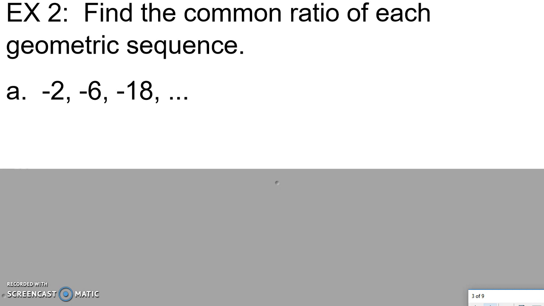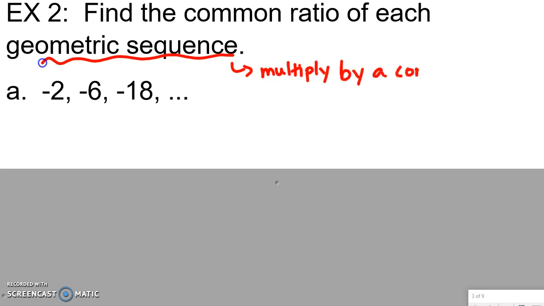If it looks like the numbers are going down, if it looks like we're dividing, then really what we're doing is multiplying by a fraction. So geometric sequences multiply by a common ratio.